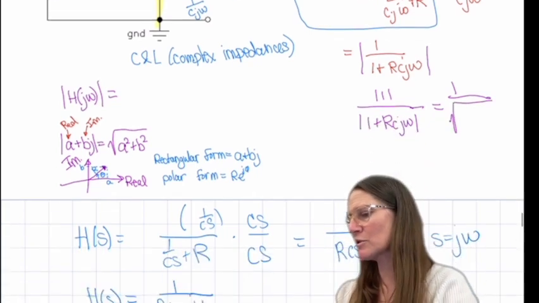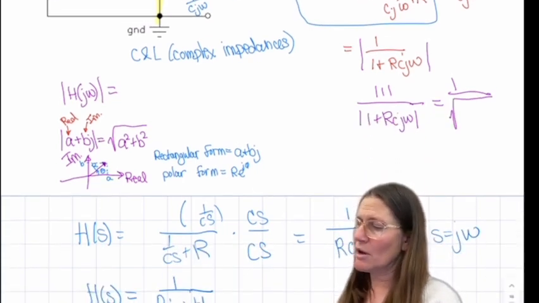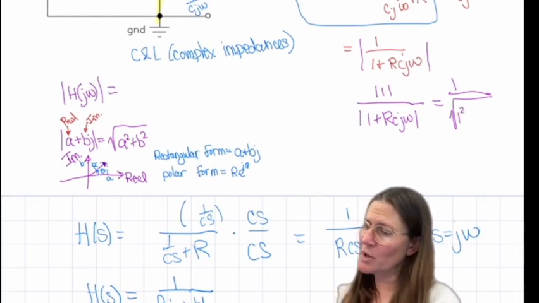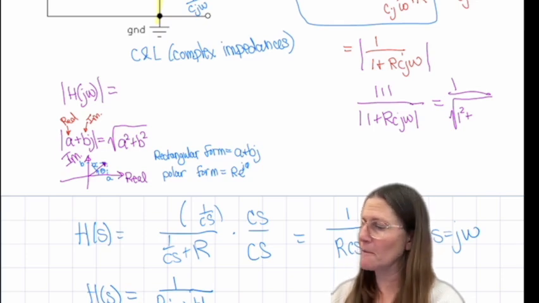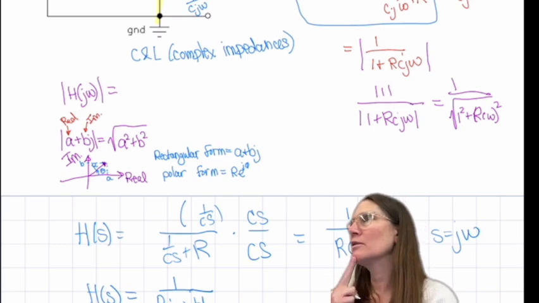This ends up being the square root of the A portion, which will be 1 squared, and then the B portion, which will be RC omega, and all of that squared. And that's going to be my magnitude.